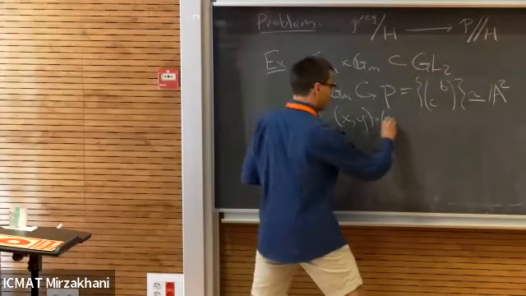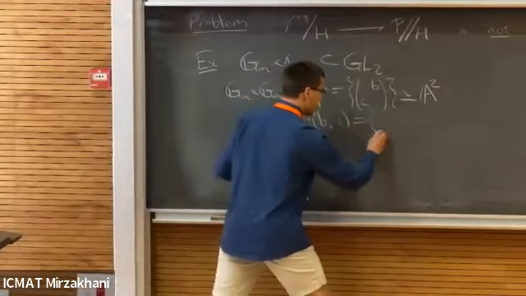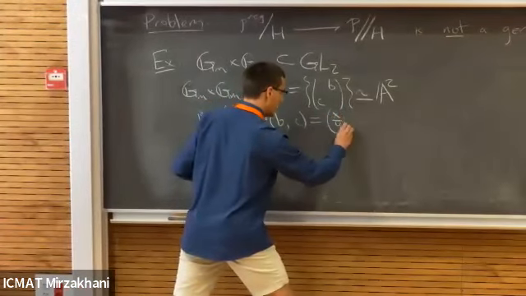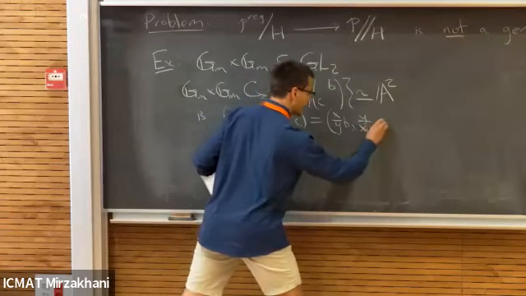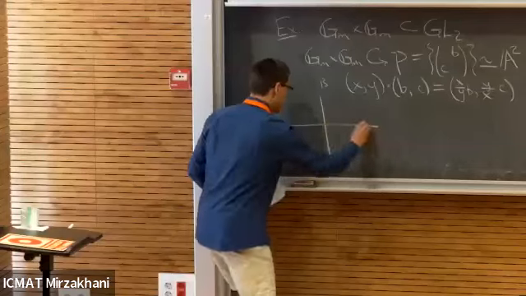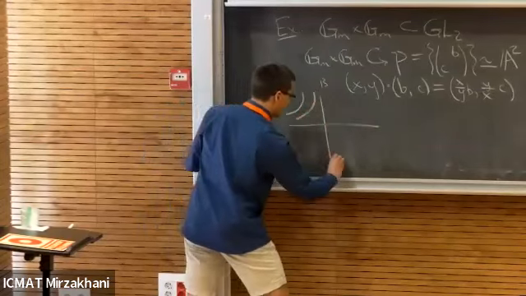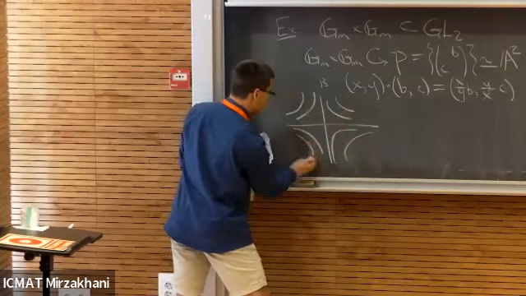So if I multiply by, let me just write these coordinates as (b, c), then this is going to just multiply x over y on b and y over x on c. And the orbits of this action I can draw as hyperbolas inside of A^2.